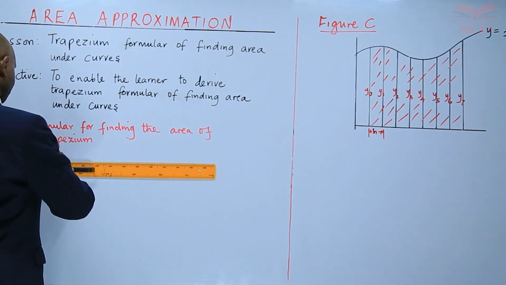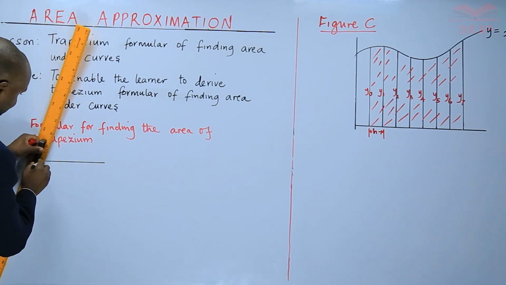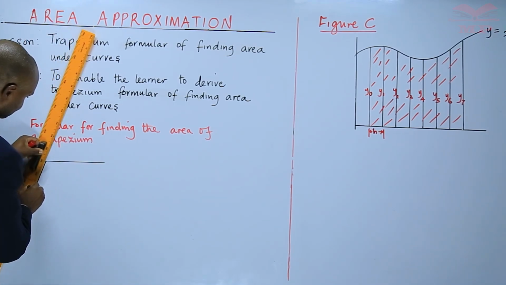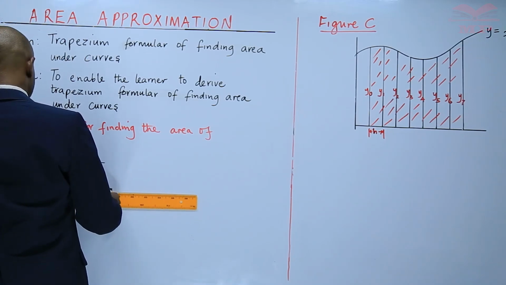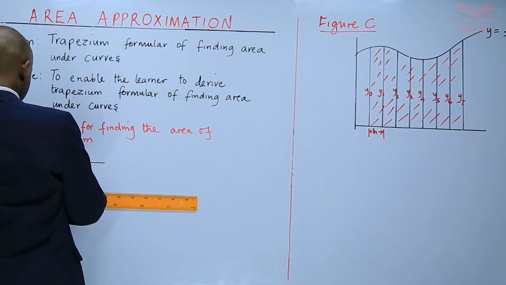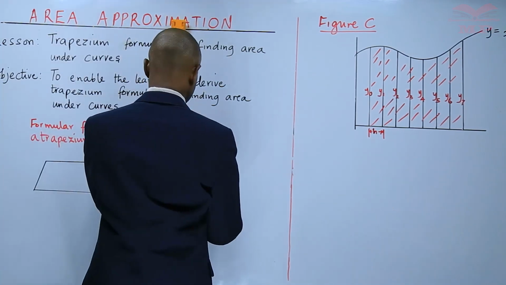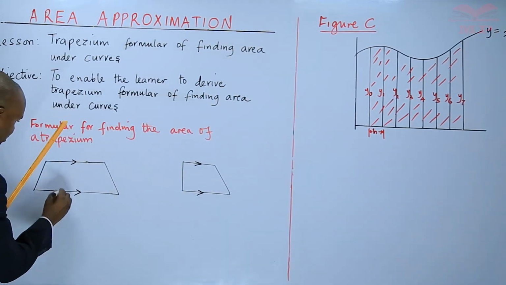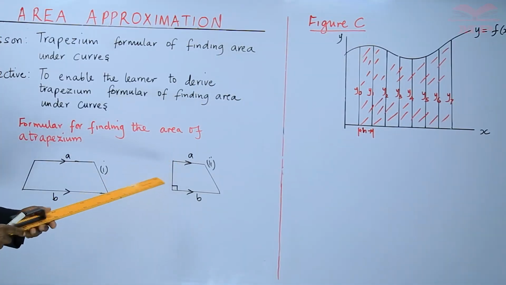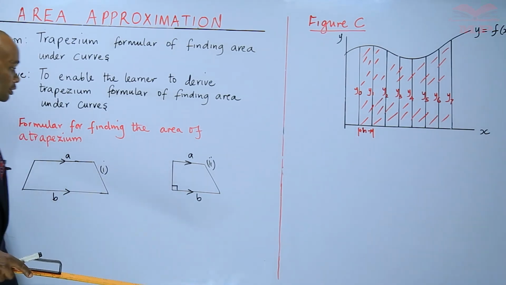So if that is my trapezium, we find there are two trapezia there, the first trapezium and the second trapezium.